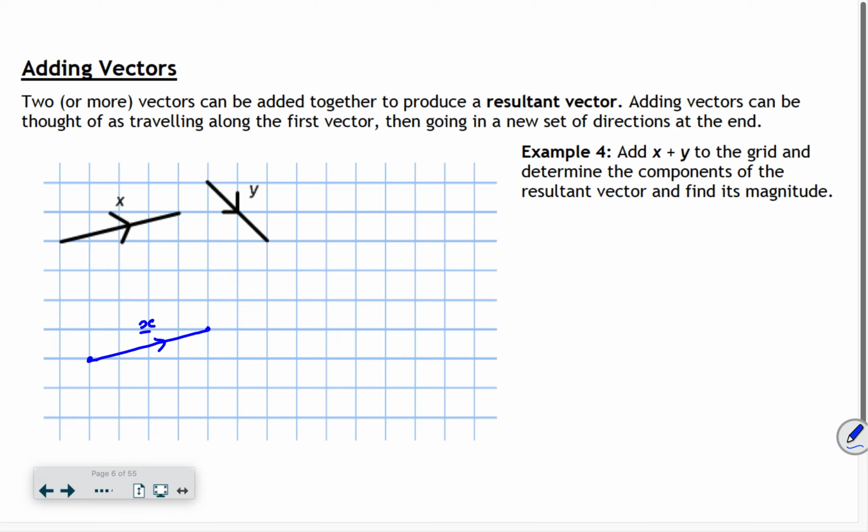So all I do is just add vector y onto that. And therefore, when we do that, we then have to draw in our addition, which is the resultant vector, which goes from here to here. And this is the vector x plus y.